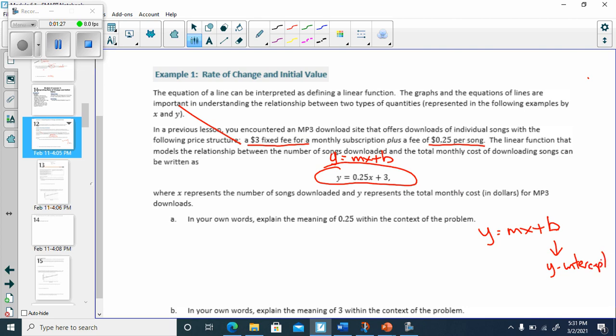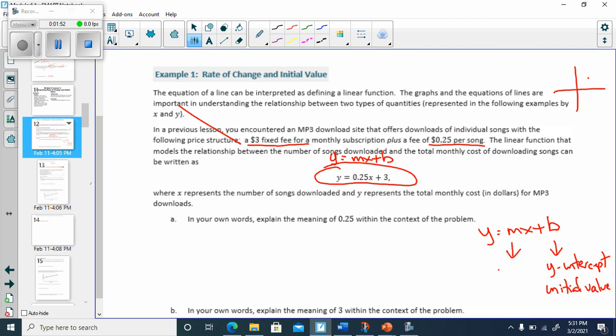Whenever you're plotting something, you start on the y-axis. Another way to describe it is the initial value. So we're talking about the initial value here, this b. What you start with: $3 in the subscription fee, and then you add to it 25 cents per song, right?